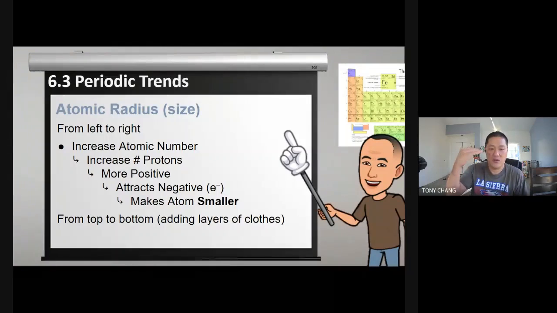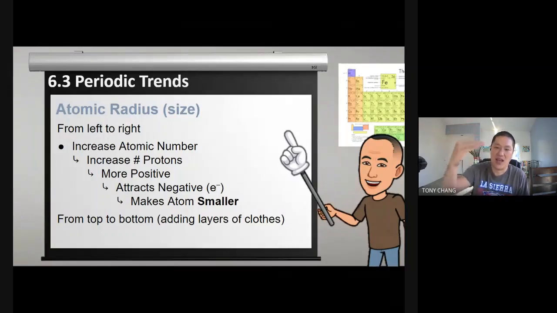In period 1, you have 1 layer of clothing, just a t-shirt. On period 2, you're going to have a long sleeve shirt on top of that. On period 3, you're going to have a light sweater on top of that, and so on and so forth. So you're adding layers. And so because of that, because you're adding shells, energy shells, you're going to get bigger and bigger, okay? So as you go down, you get bigger and bigger, all right?